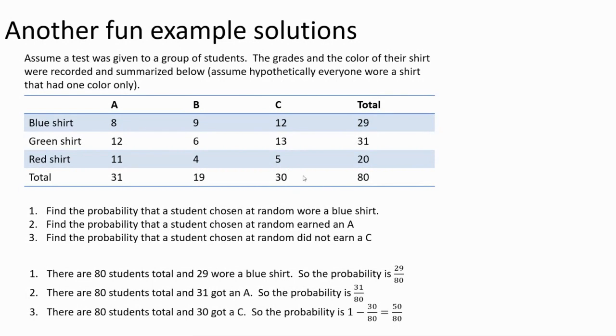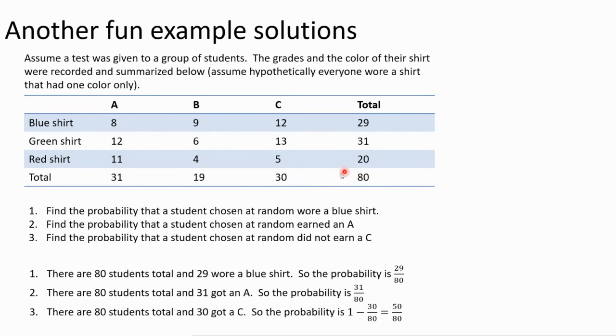Sorry, that was a typo, I had written B. Well, you could consider that directly, but it's a little bit easier to determine the probability of choosing a student who got a C. From here, 30 students altogether got a C, and there are 80 students. So the probability of choosing a student who got a C is 30 out of 80.